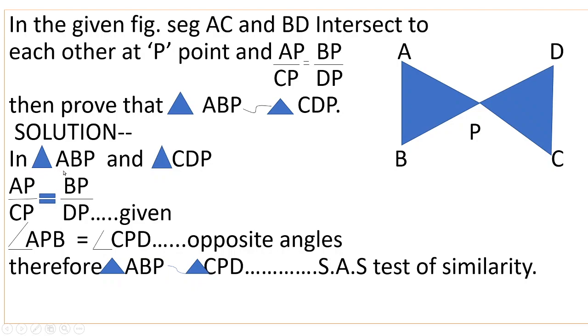Solution: in triangle ABP and in triangle CDP. In the question, the ratio of both segments is given. AP upon CP is equal to BP upon DP. So I write here AP upon CP is equal to BP upon DP.